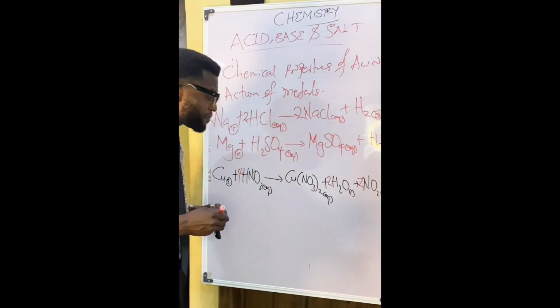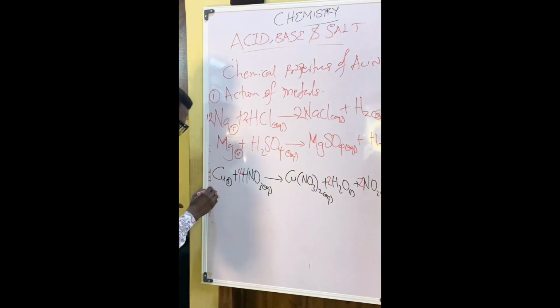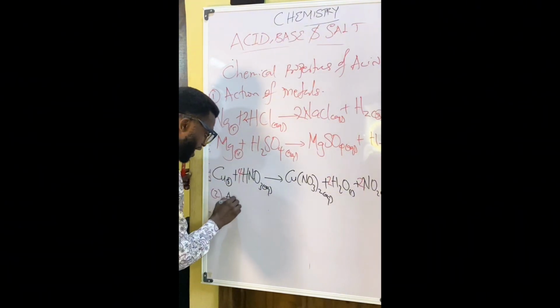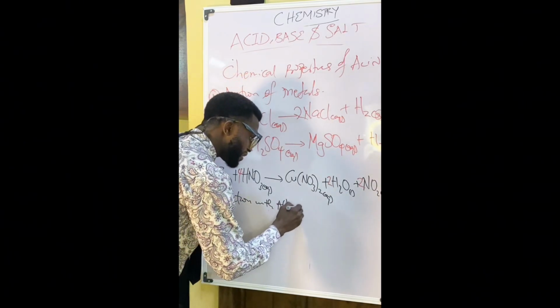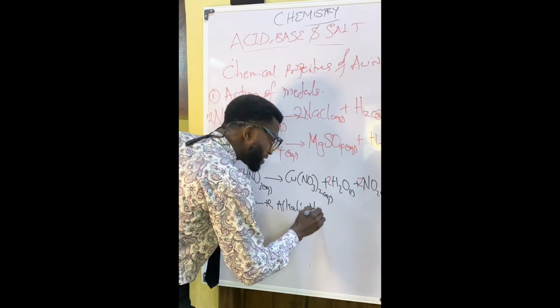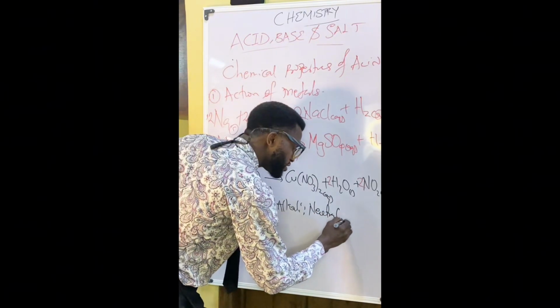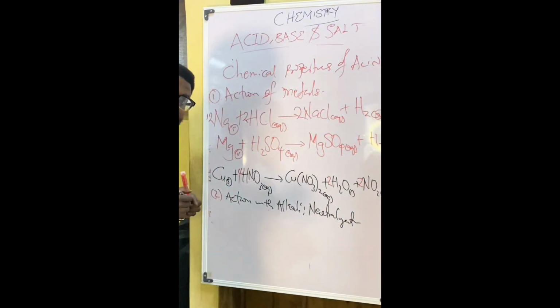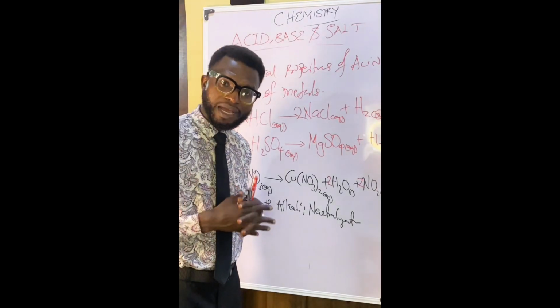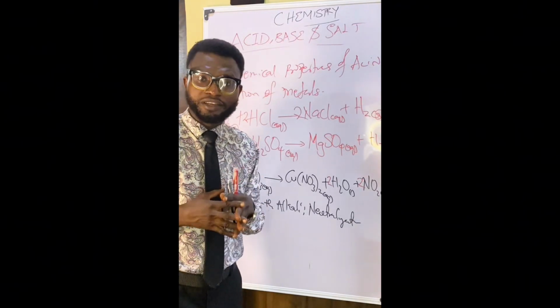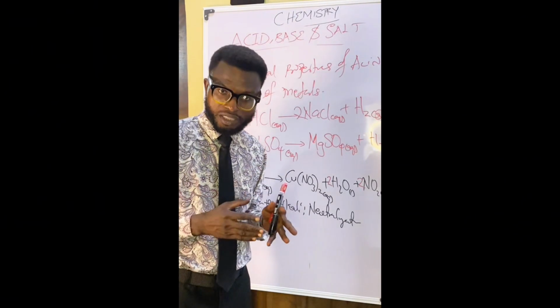Then the second chemical property of acid is action with alkali. This is called neutralization reaction. That is the combination of hydrogen ion from an acid with hydroxide ion from an alkali to form water.